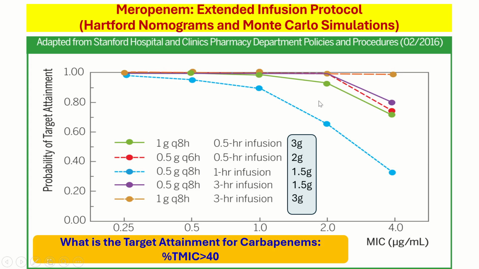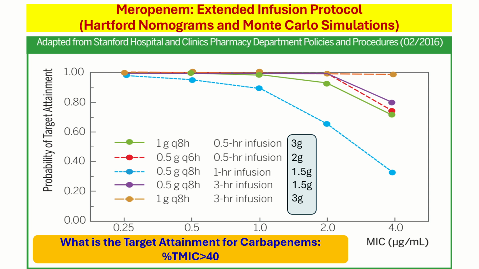Now, this is the very interesting graph, which is known as the Hartford nomograms, based on Monte Carlo simulations. Monte Carlo simulations are basically pharmacokinetic simulations in which we take the protein binding, the average weight, the average creatinine clearance, the eGFR, and all the different pharmacokinetic parameters in a normal population, and then we add it onto certain softwares and we check what kind of dosings can we do in certain cases.